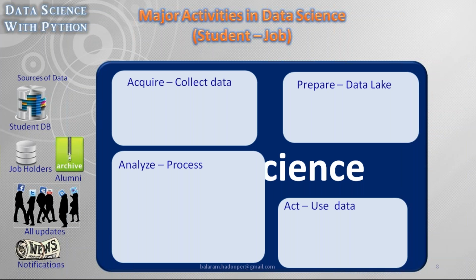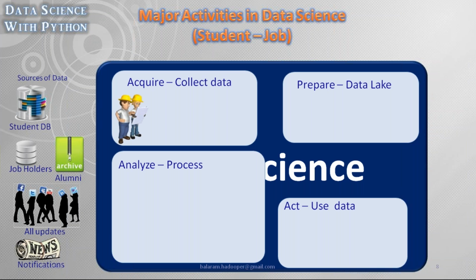General job holders, and then the alumni, old students' data is available, and then updates in the social media in which they are participating actively, which groups they are participating actively, that is also available. And current job notifications, all these are available. So we have to collect the data.